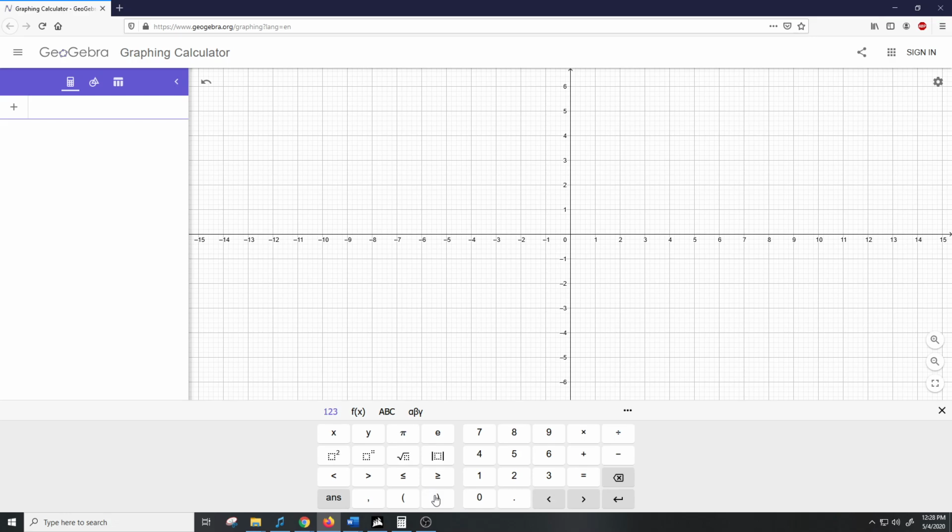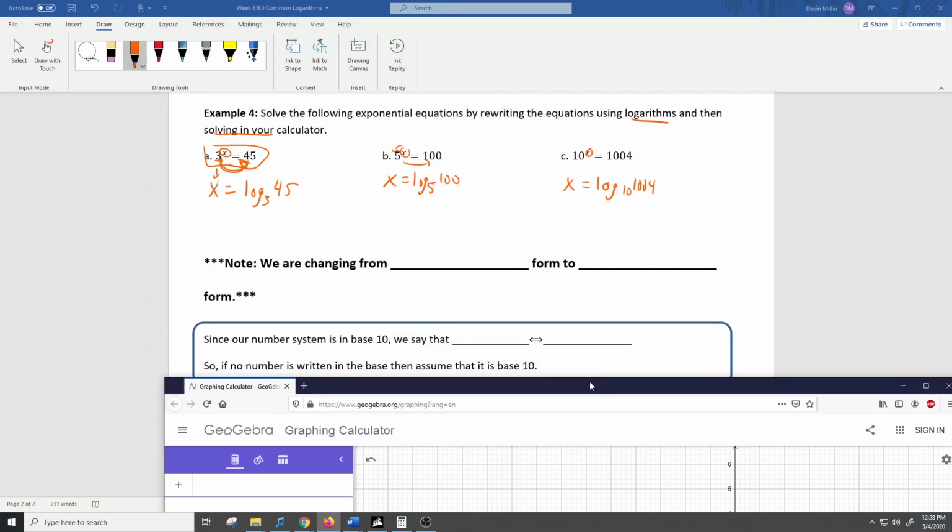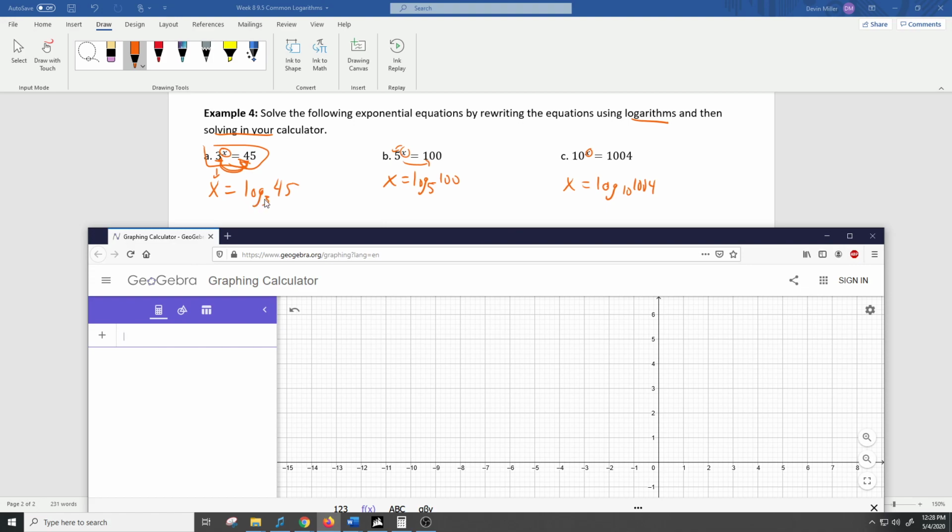And what we're looking for is the log button, which is not underneath this. You have to change it to f of x. Now you can see a bunch of other symbols. We want to click on this log with a tiny box below it. That's going to give us a spot to put the base in. We're going to do the first one, which is log base 3 of 45.